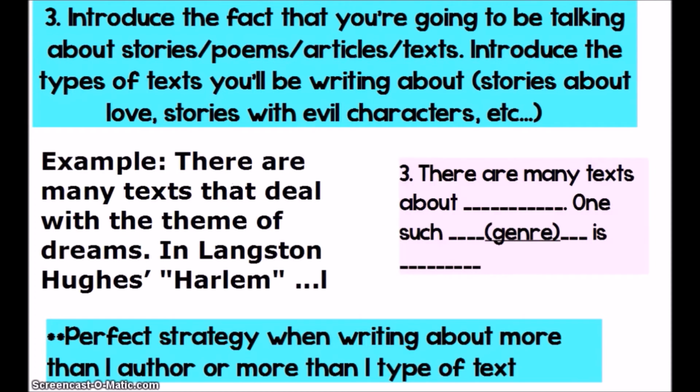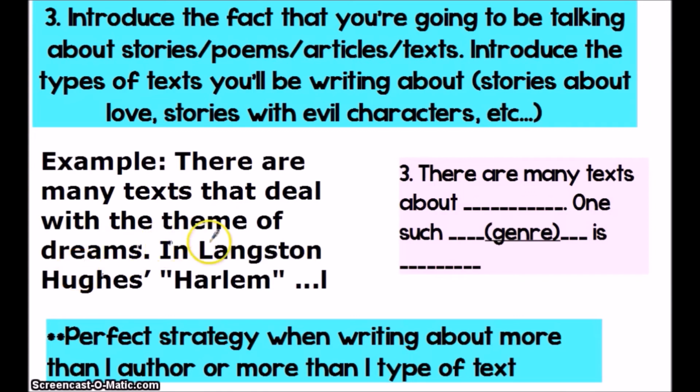And the third strategy is introducing in a more general way, not the specific story, not the specific author, but just saying that you're going to be talking about stories or poems or articles or texts. So you're introducing that this is a literary essay. An example would be, "There are many texts that deal with the theme of dreams."